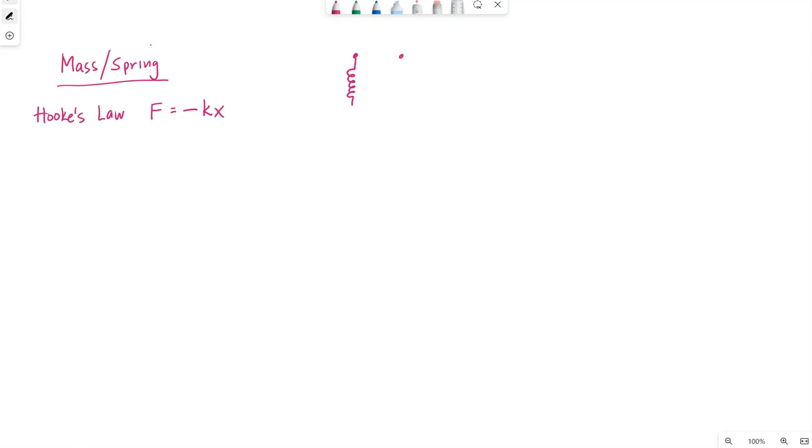But if I decide to hang a mass from the spring, because the mass has weight, the mass will pull down on the spring. If I hold the mass and let the system come to equilibrium, if I think about the free body diagram on the mass, of course it has the pull of gravity, the weight of it, so mg, but the spring is pulling upwards with this magnitude of force of kx.